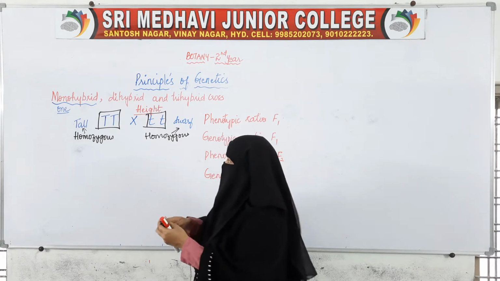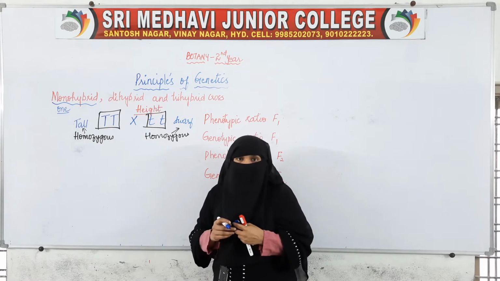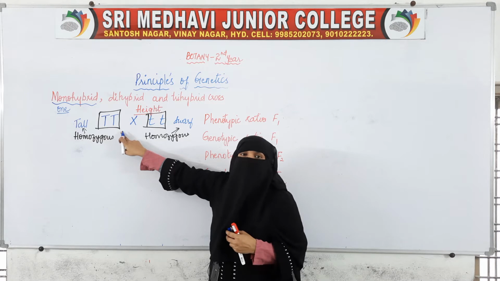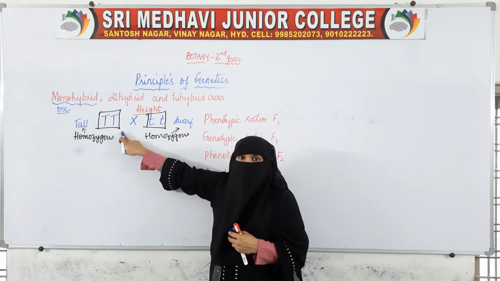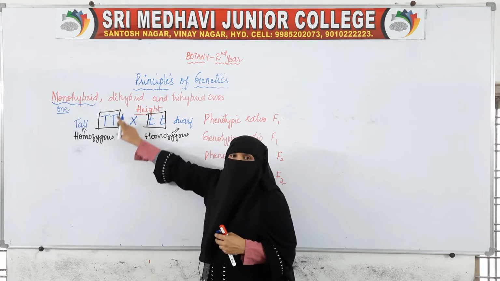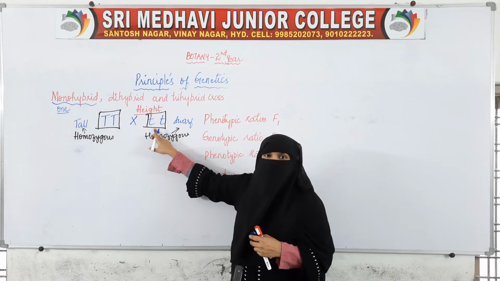Here we follow Mendel's second law, that the alleles of a gene will get segregated. This is the gene giving the character tallness to the plant, and this is the gene giving the character dwarfness to the plant.